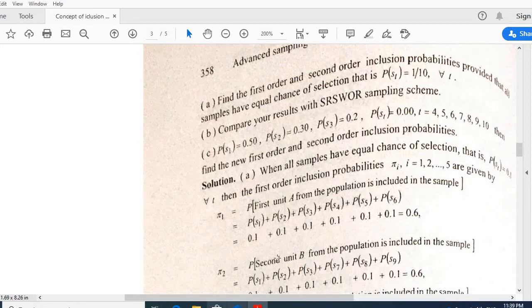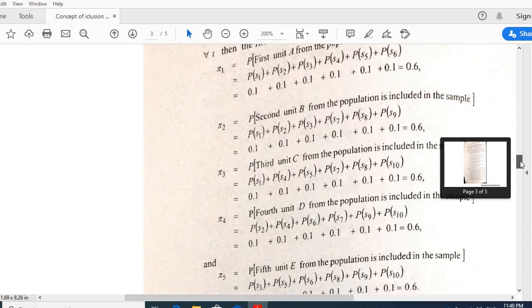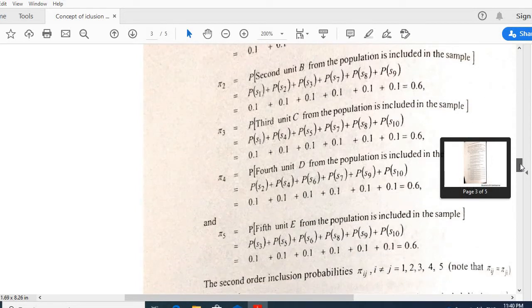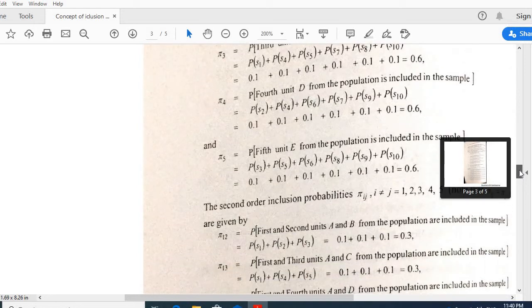Similarly, we can add up the respective probabilities of the selection of the samples having unit B. In the similar way, we can find pi 3, pi 4, pi 5. There are 5 possible sampling units in the population, that is A, B, C, D and E.